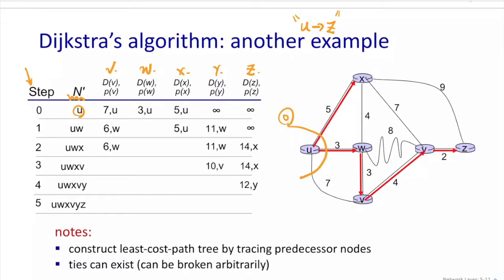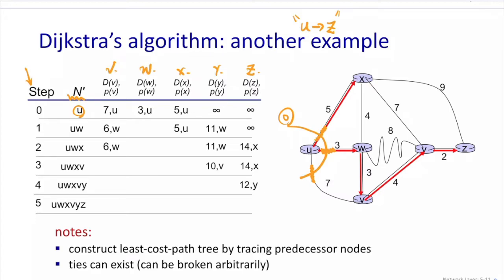That means I already included a new node U in N prime. Take a look at this line. If it touches the edges in this graph, then you can simply draw some marks on the graph.